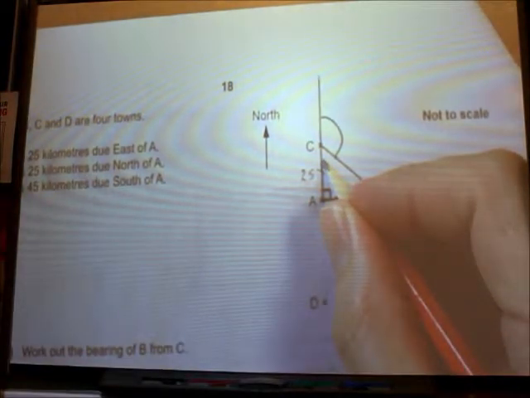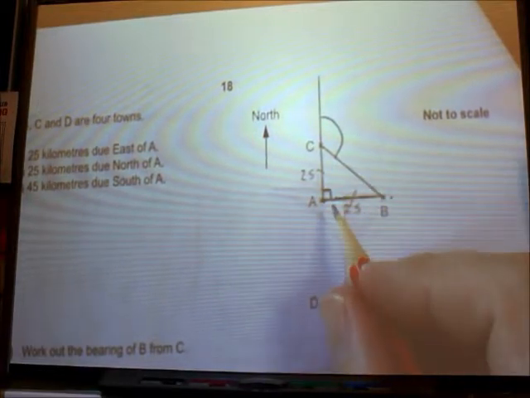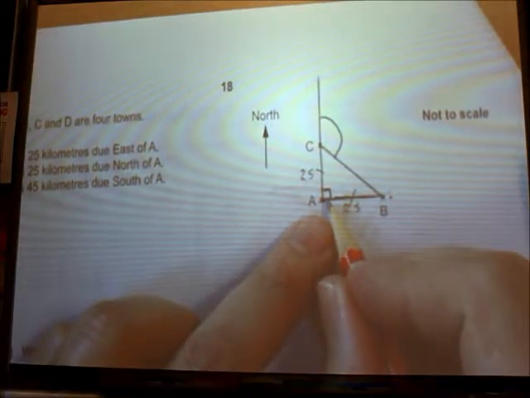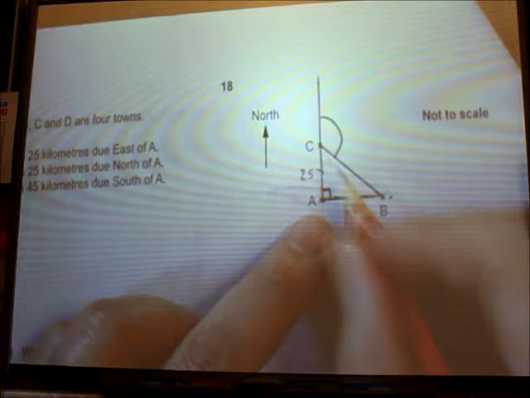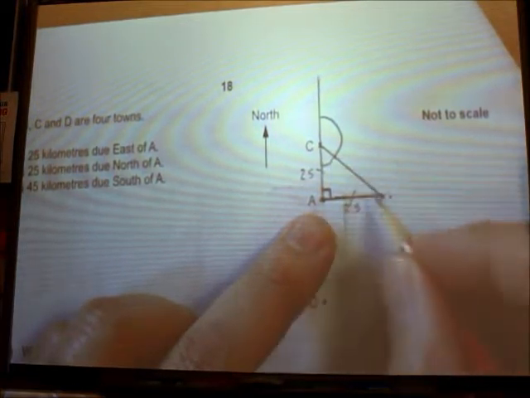So that angle there has got to be 45. And the reason I'm saying this is because that is a right angle, so that's 90 degrees. And for these two to be the same, there's 90 degrees left over, so they both must be 45 and 45.